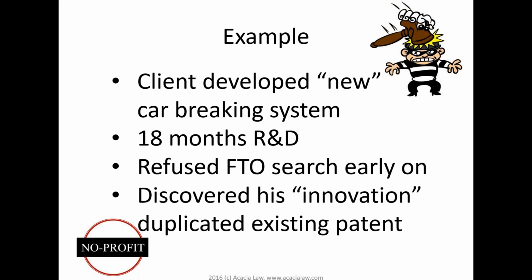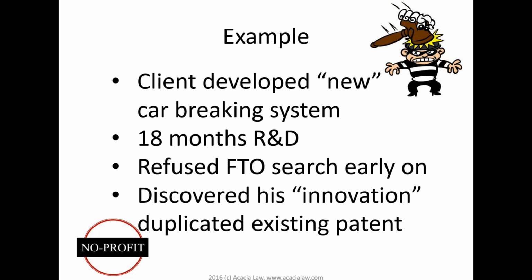He spent 18 months in research and development, hundreds of thousands of dollars, and he got investors in, and he was close to launch. When he was close to launch, he said to us, okay, now I'm ready, do the search. And unfortunately for him, his new invention, or innovation that he had come up with, exactly duplicated an existing patent.